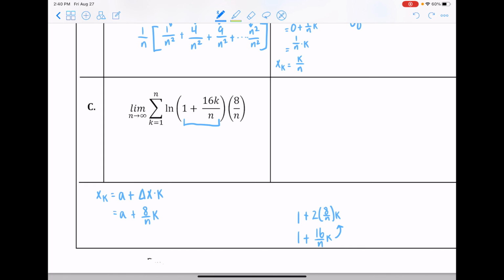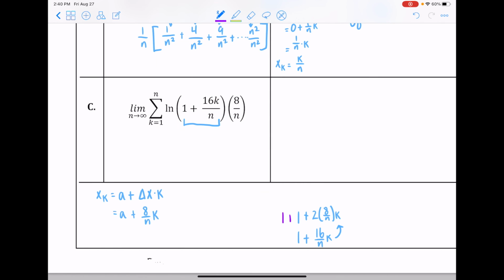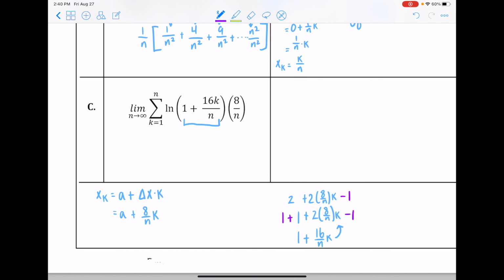But before we do that, this is going to seem really weird. I'm going to add 1 to the front here, and I'm going to subtract 1 on the back end, okay? It's going to seem really weird, but bear with me. When we do that, we get 1 plus 1 is 2 plus 2 times 8 over n times k, and then don't forget that minus 1 at the back end there, okay?